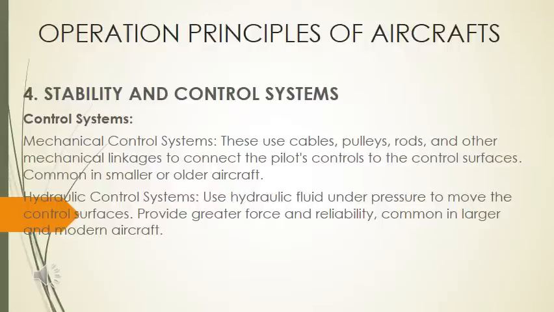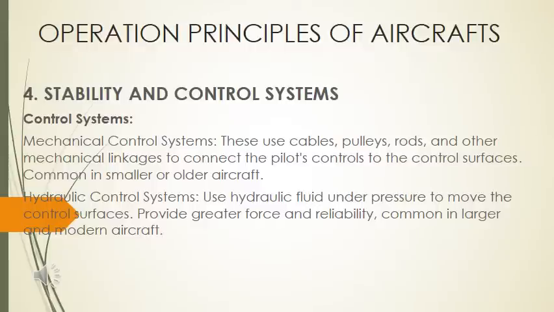Next is the hydraulic control systems. That is the use of hydraulic fluid under pressure to move the aircraft's control surfaces. This provides greater force and reliability, and it is common in larger and modern aircraft. So we use pressurized fluid to control these surfaces.